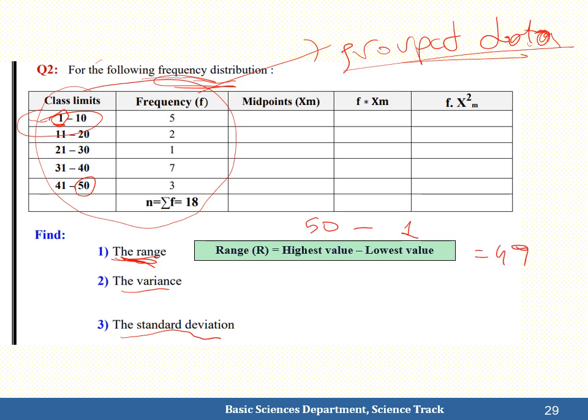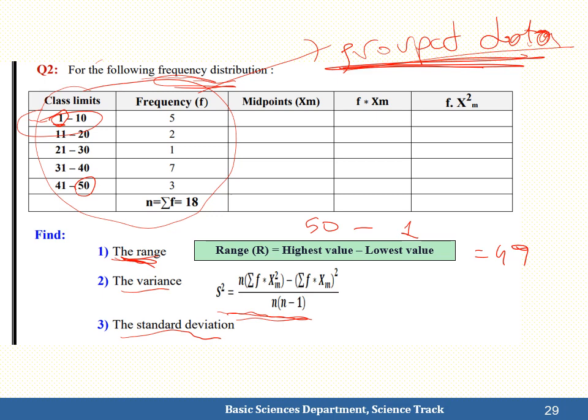Now, when it comes to the variance, we have to apply the formula for the grouped variance. If you remember, this is the formula for it. So we need the midpoints, the frequency times the midpoint squares, and the frequency times the midpoints. So first we have to find the midpoints. How do we find the midpoints? If you remember, we add the class limits and divide by 2.